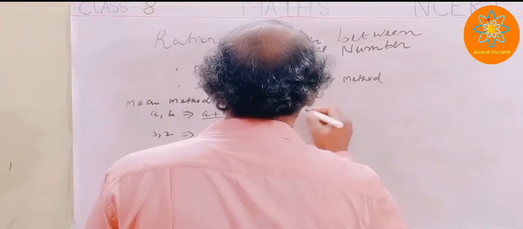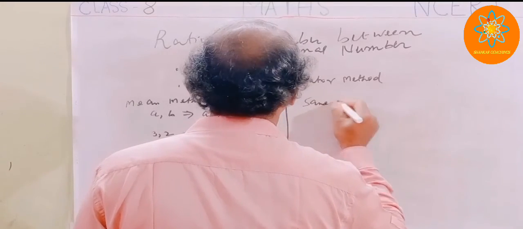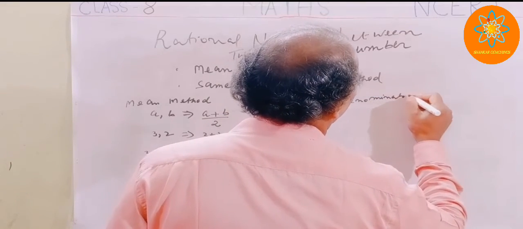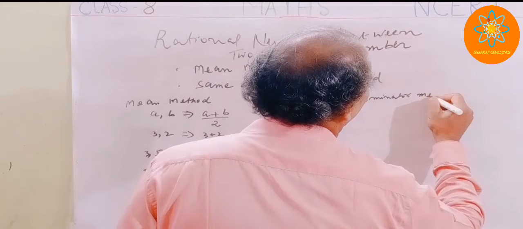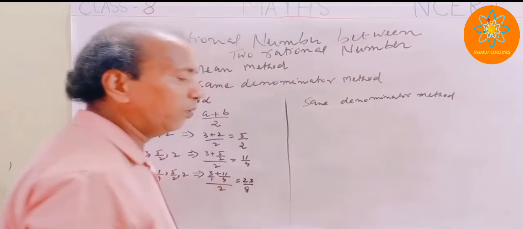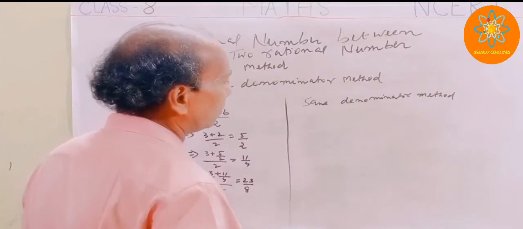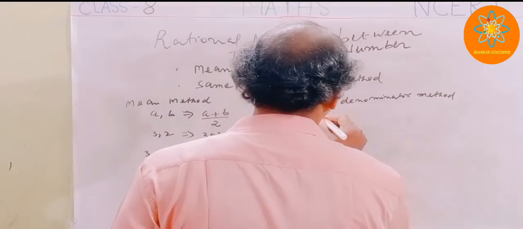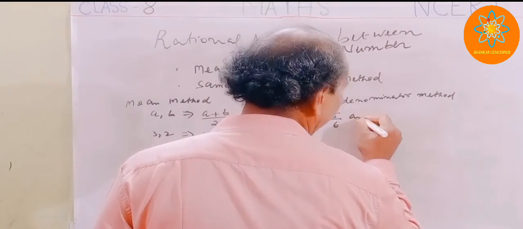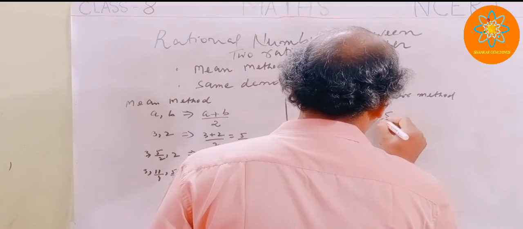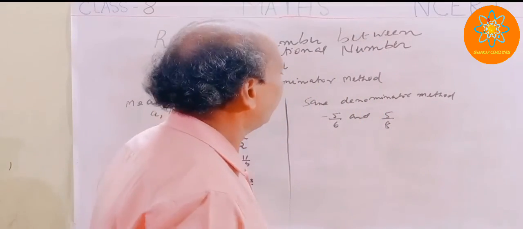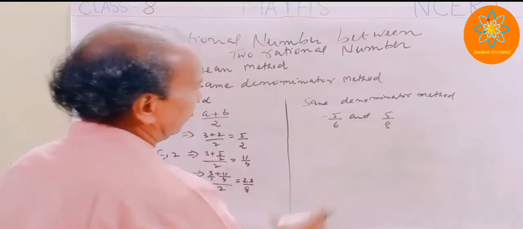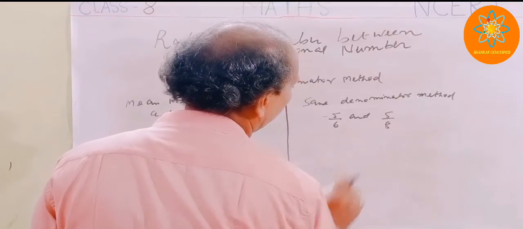In the same denominator method, what we are doing is making the denominators equal. Suppose I have two numbers, minus 5 by 6 and 5 by 8, and I want to find the rational number between these two.